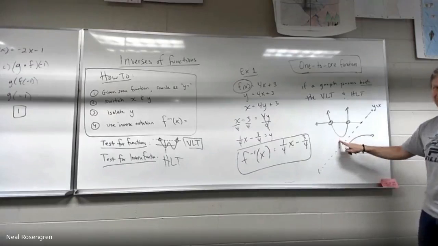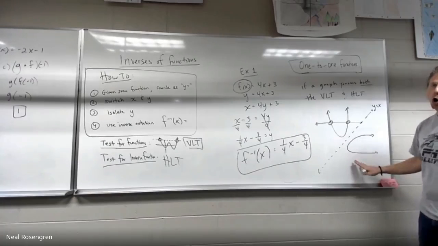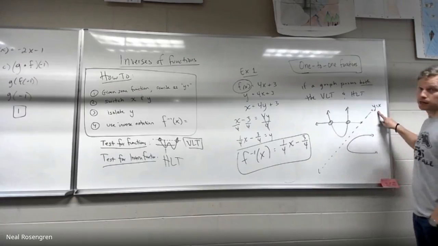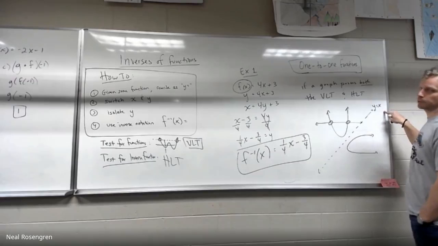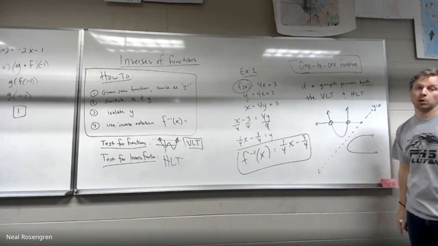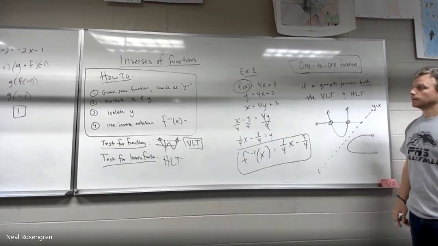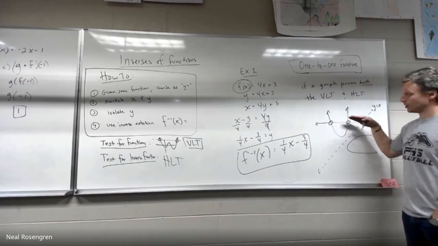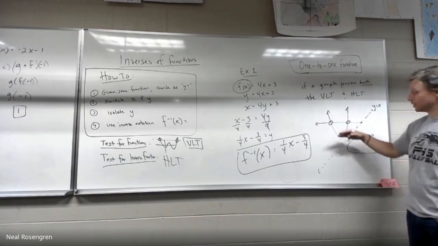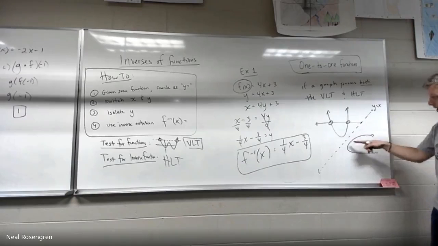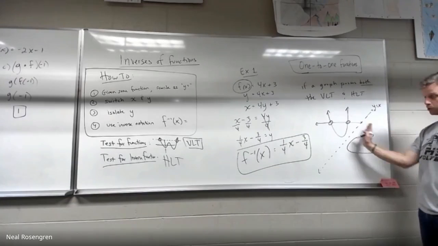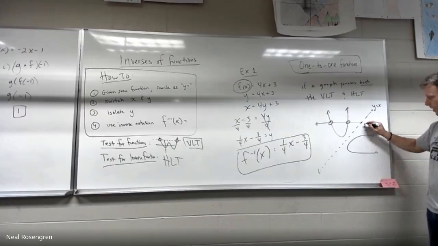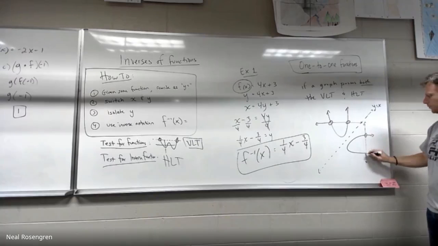A function and its inverse are reflections over the line y equals x. y equals 1x plus 0 goes through the origin with a slope of 1. And if you have this kind of graph that hits a horizontal line more than once, now you have this graph over here because it's a mirror image over that line. Now you've got this vertical line test that's obviously going to fail.